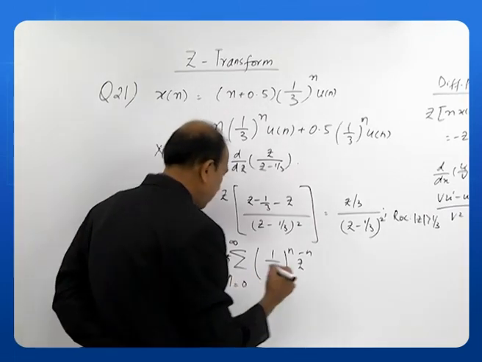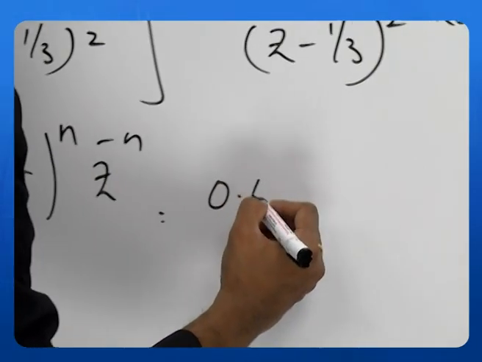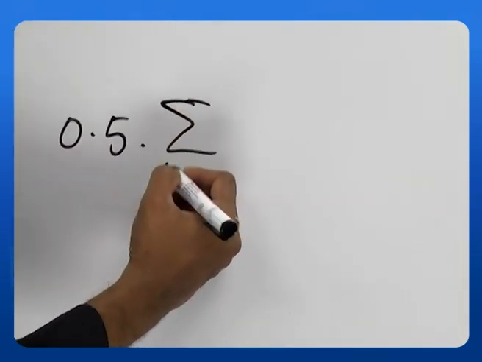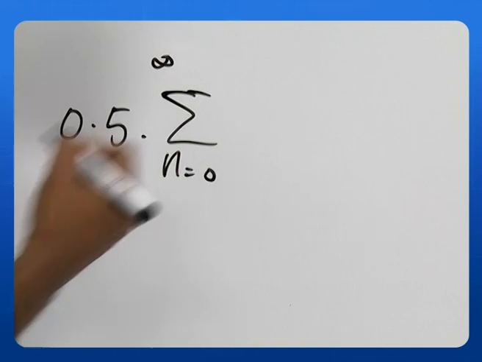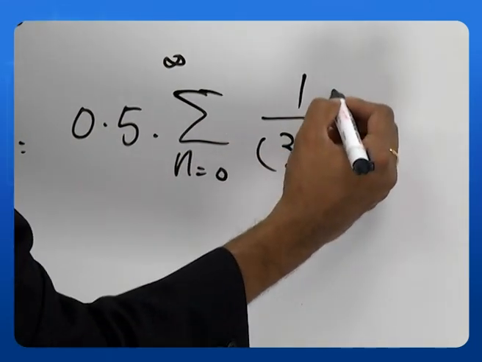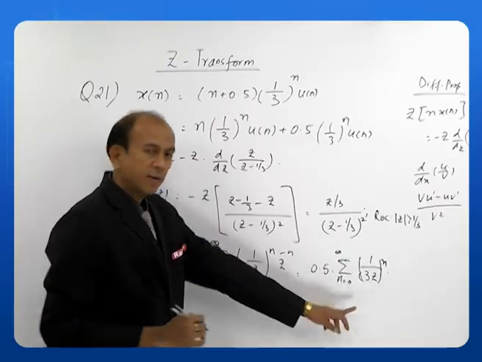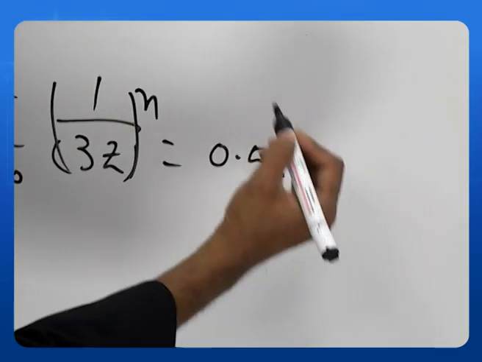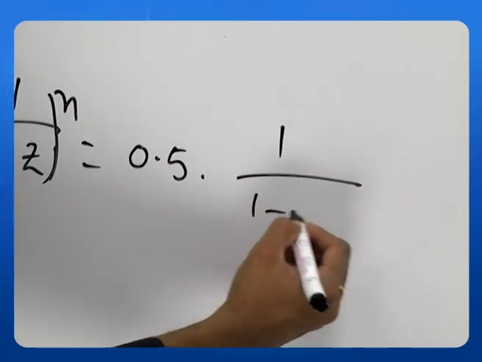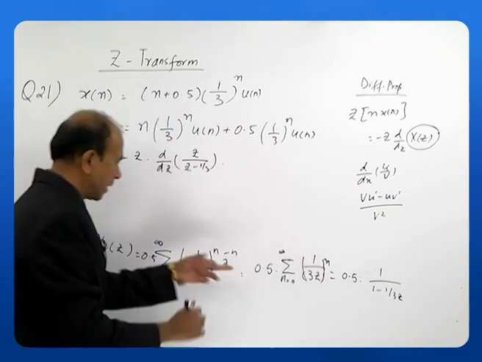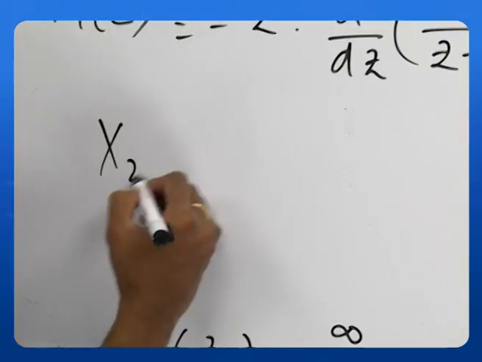Now this is equal to 0.5 into summation n is equal to 0 to infinity, 1 by 3z whole to the power of n. Okay, so this I can write as 0.5 into 1 by 1 minus 1 by 3z. Now let us write this here. So that is equal to now x2 of z.